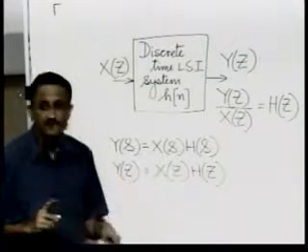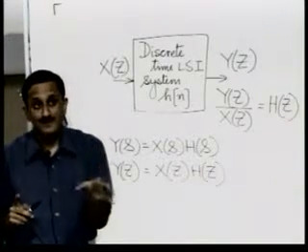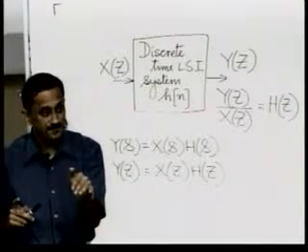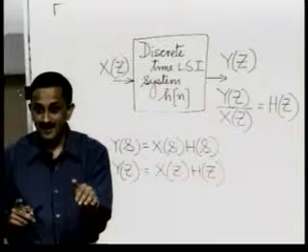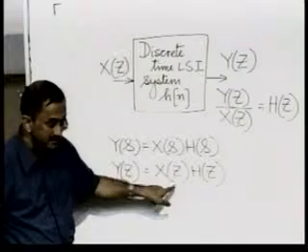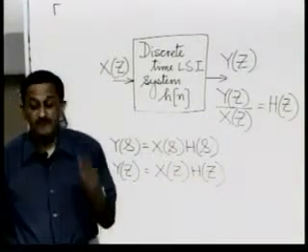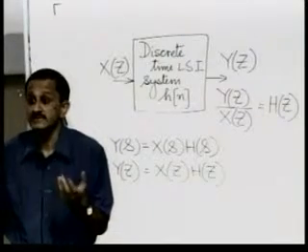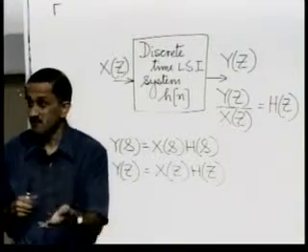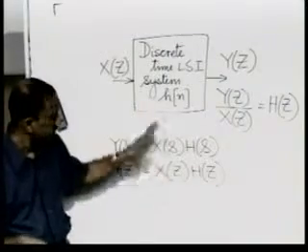One way to think of X(z), or for that matter X(s), is like a component of the corresponding signal x(t) or sequence x[n] on the eigenfunction z raised to the power of n in this case and e raised to the power of st in this case. That is one way to interpret this quantity, a capital X(s) or capital X(z). There are two different contexts, remember, one must not mix the contexts.